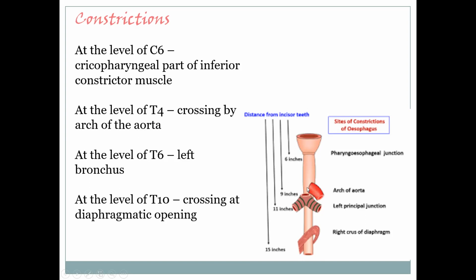It is caused by the arch of the aorta. Third one is at the level of the T6 vertebra, and it is caused by the left main bronchus. Fourth one is at the level of the T10 vertebra. It is caused by the crossing at the diaphragmatic opening by the right crus of the diaphragm.